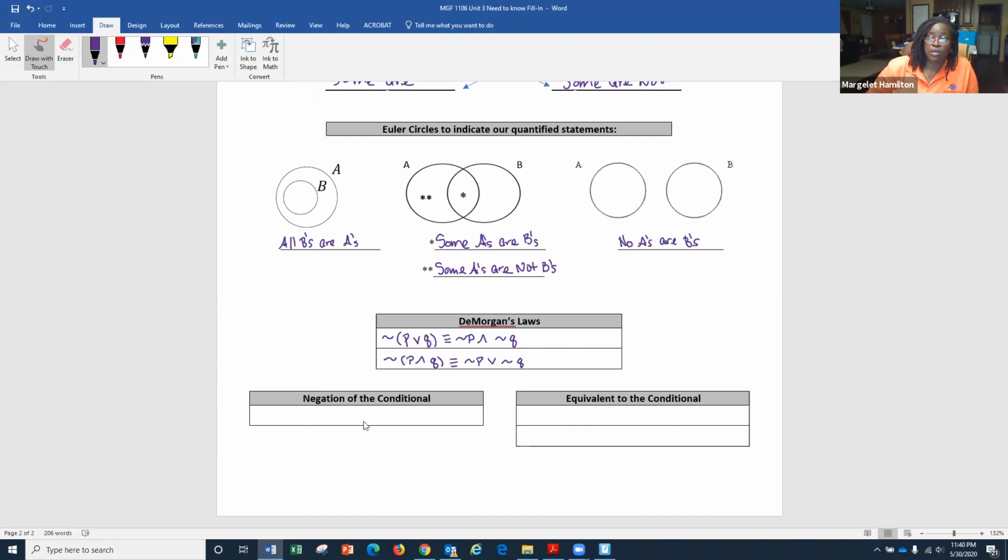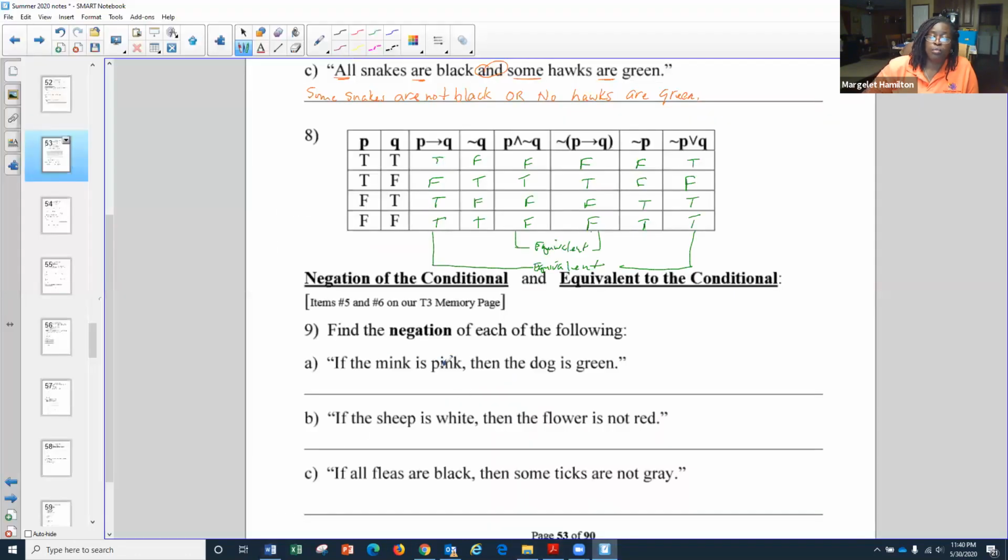So the negation of the conditional, look at that. Here's our conditional statement, right?